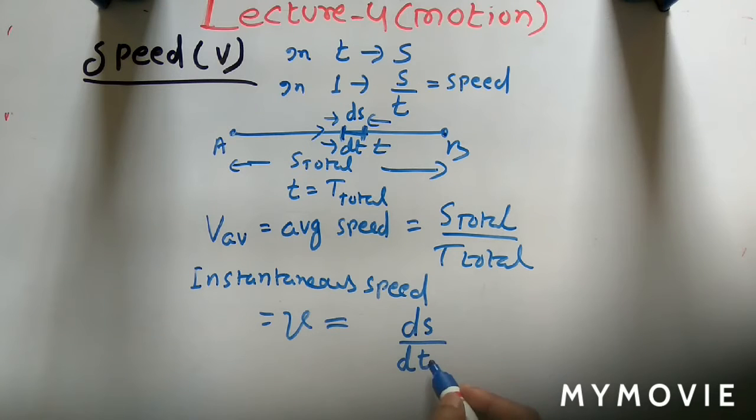The ratio ds by dt is called instantaneous speed, where dt, the change in time, tends to 0. It is not actually 0, it tends to 0. At that time, it is called instantaneous speed.